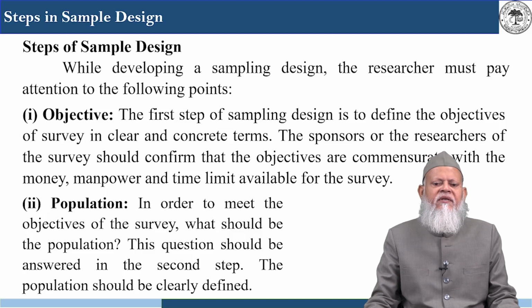Number 1, the objective. The first step of sampling design is to define the objectives of the survey in clear and concrete terms. The sponsors or the researchers of the survey should confirm that the objectives are commensurate with the money, manpower and time limit available for the survey.